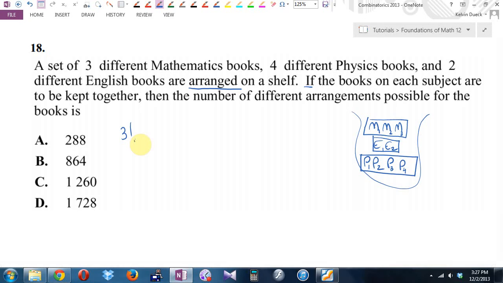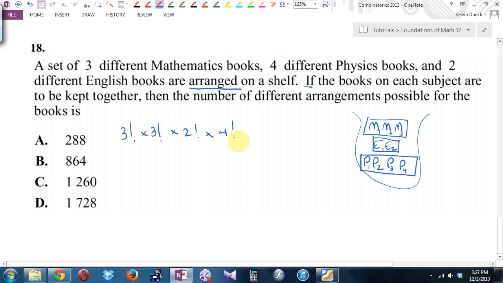I've got to keep the books together by subject, but I can mix them up themselves. How many ways can I mix up the math books? And how many ways can I mix up the English books? And how many ways can I mix up the physics books?